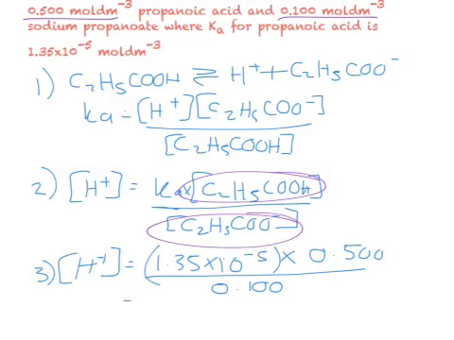So when you pop this into your calculator, you come out with 6.75 times 10 to the minus 6. And that's going to be in moles per decimetre cubed.